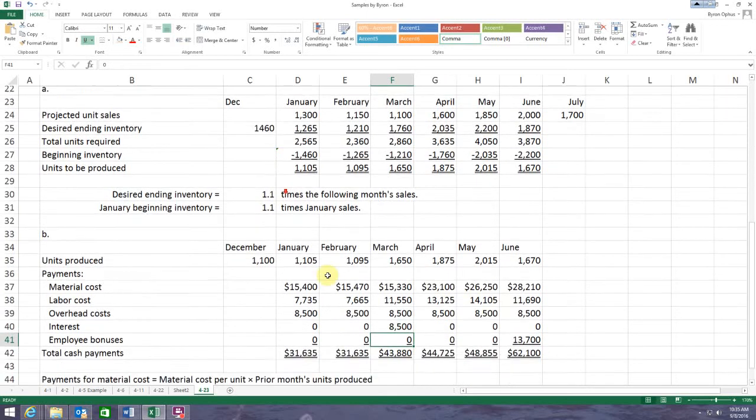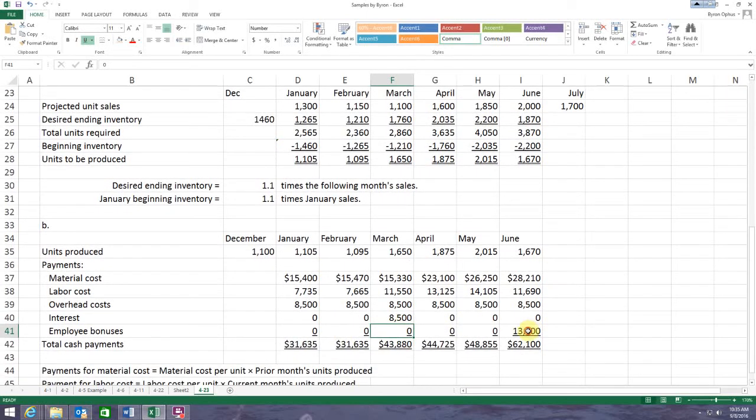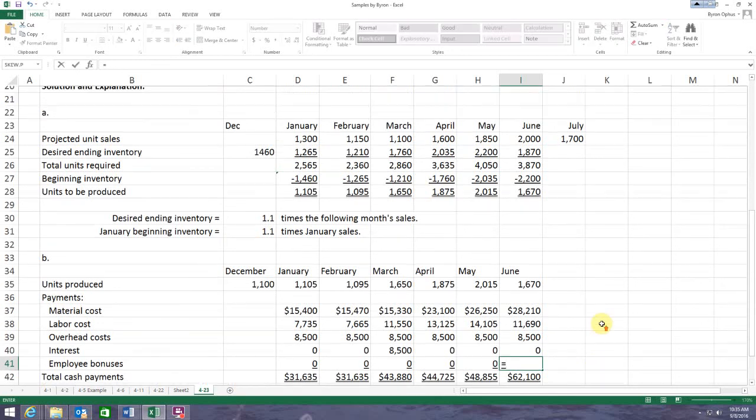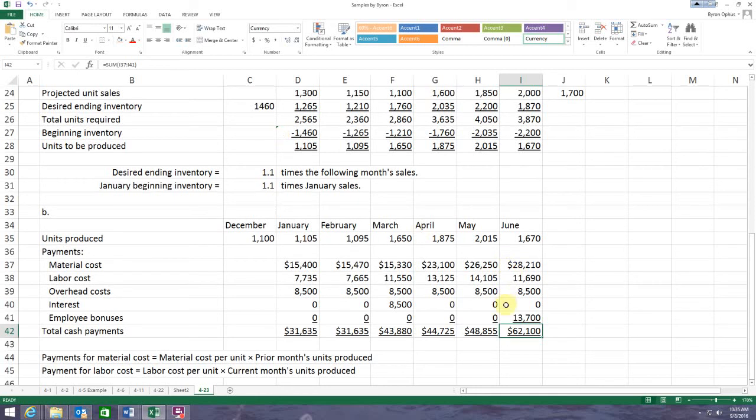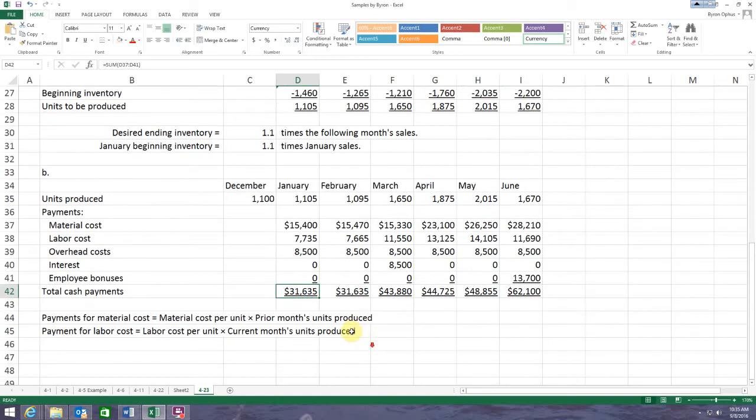And then I also have an employee bonus because I'm such a nice guy, that's equal to my number up here. So now I know that here's my total costs, from this number on down. Do not include the units. Make sure when I'm adding these up that I do not include that. So these are my total costs per month.